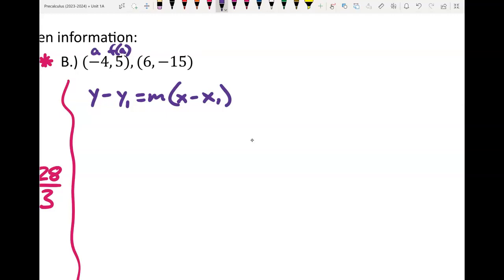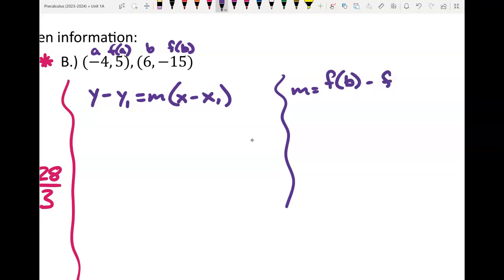So we can find our slope by doing f of B minus f of A over B minus A. So exactly what we were doing yesterday, slope between 2 points. Or you can think of it as y2 minus y1 over x2 minus x1. Regardless, it gives us the same thing.